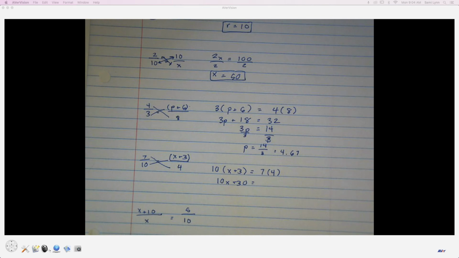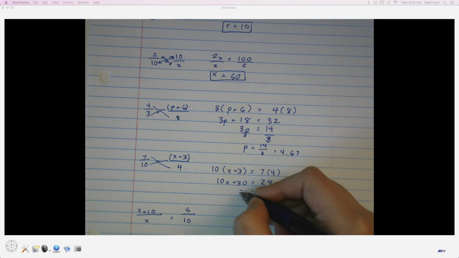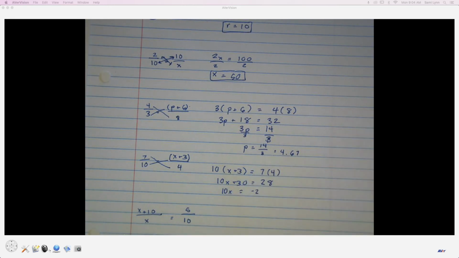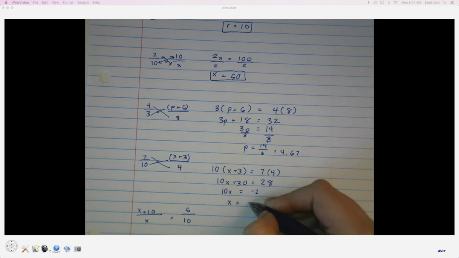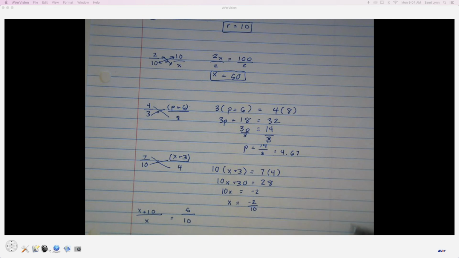And 7 times 4 is 28. So what do I do now? I'm going to subtract that 30, which is going to give me negative 2 equals 10x. Divide by 10. I'm going to get x equals negative 2 over 10. Can I reduce that? Yes, I can. It'll be negative 1 over 5.